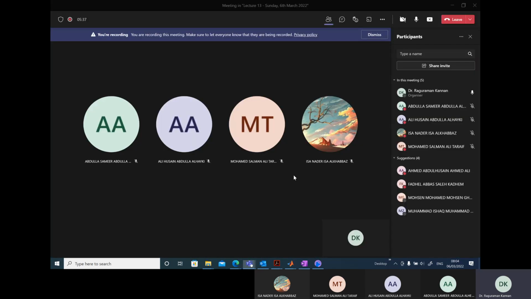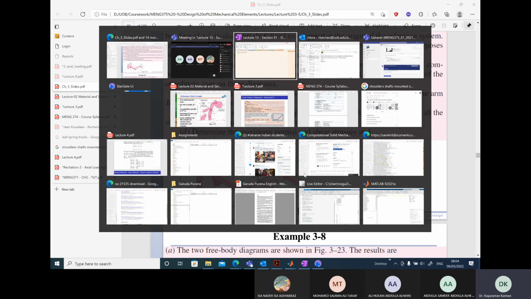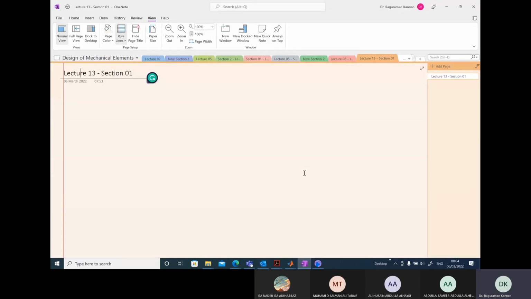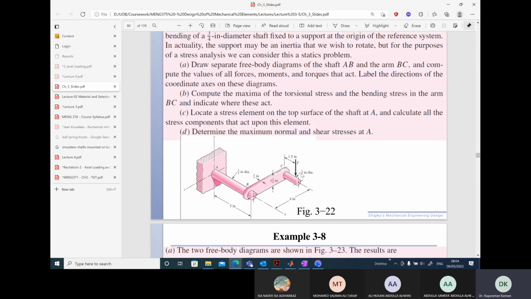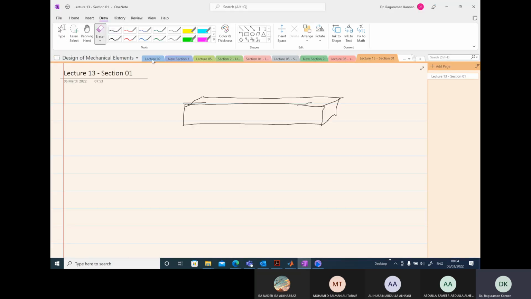Let's say for BC. I'm just going to represent it as a rectangular bar. You have a cross section. Although it is thin, maybe represent it as a thin bar.